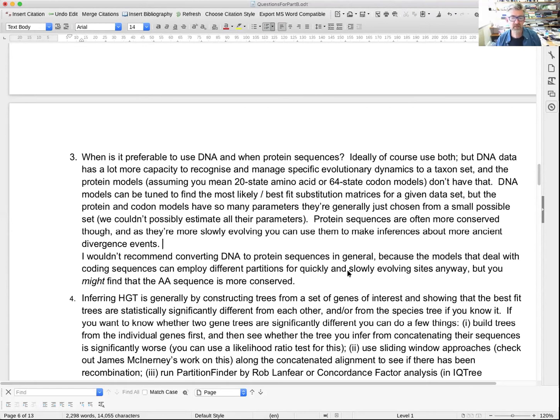The codon models will capture that variation, but the DNA models will also do that anyway, and you can tune them better. So I just wouldn't recommend going to protein sequences, amino acids, or treating them as codons. You might find amino acids more conserved, but you might not. I just wouldn't go there.